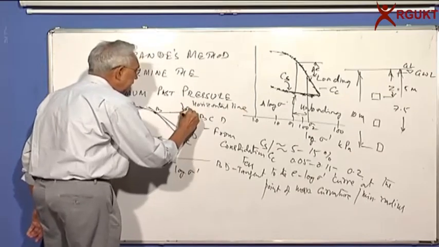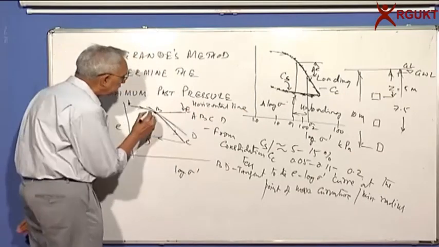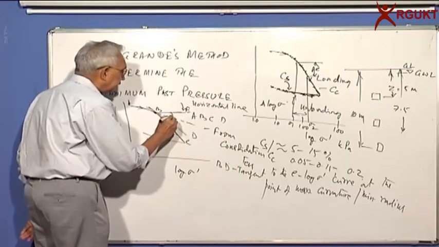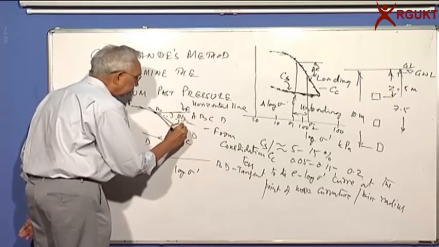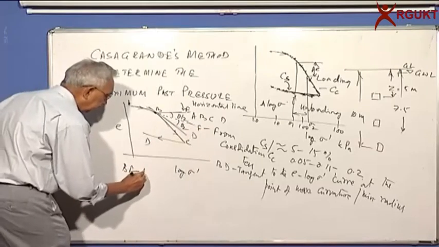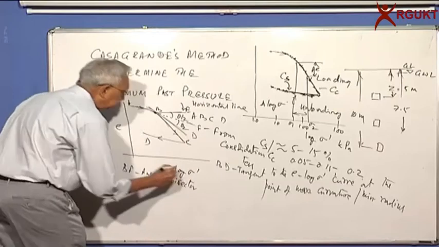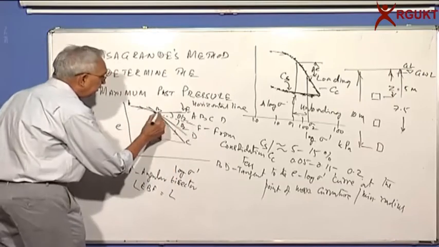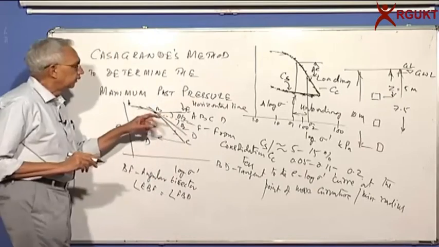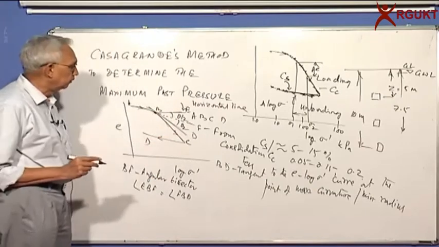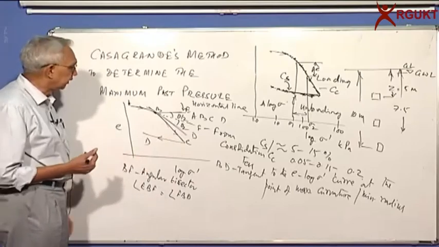So BE is a horizontal line. Now you can draw the angular bisector, so that this angle is equal to this angle. So what is BF? BF is the angular bisector, which means angle EBF is equal to angle FBD.